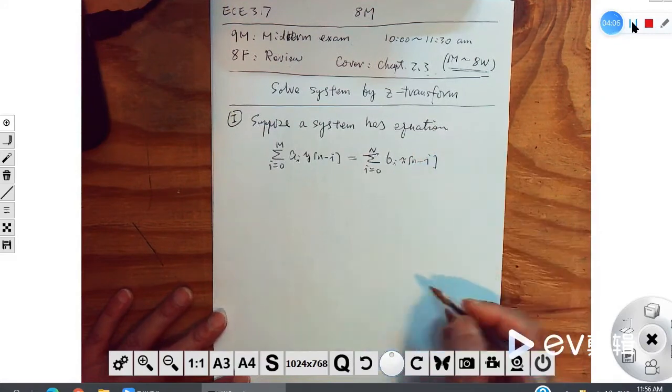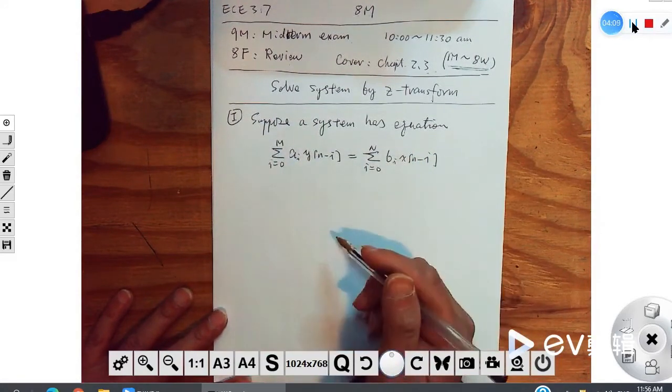This is the equation in general form for a system. Now how to solve it?